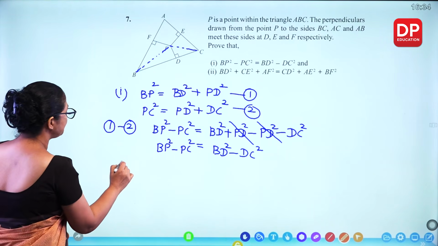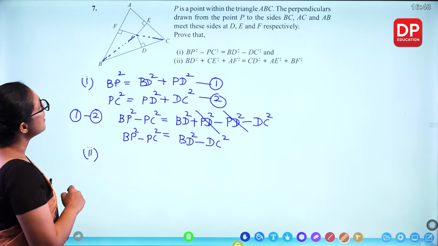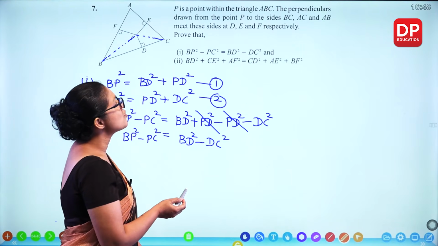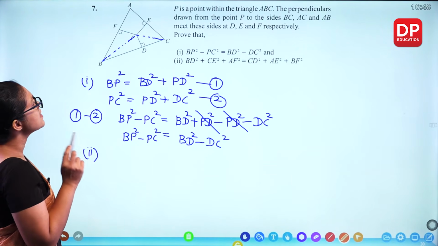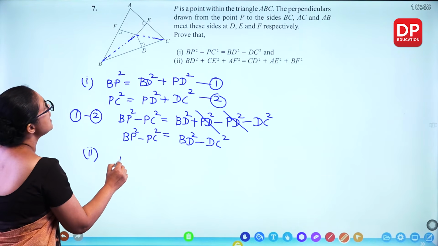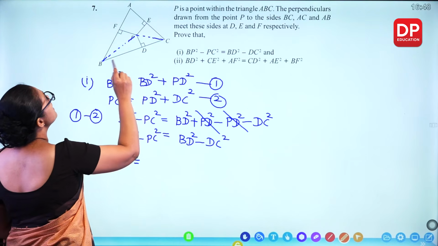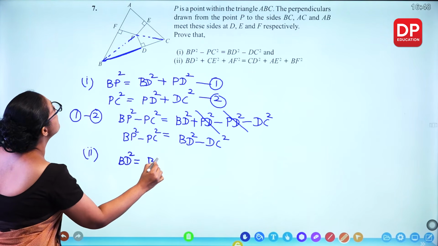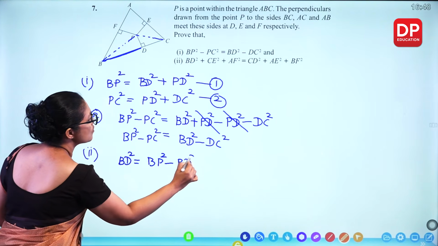Second part: BD squared plus CE squared plus AF squared is equal to CD squared plus AE squared plus BF squared. So we'll take separately BD squared. BD, this one. BD squared is BP squared minus PD squared.